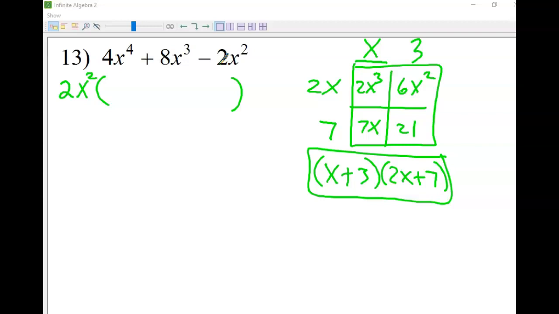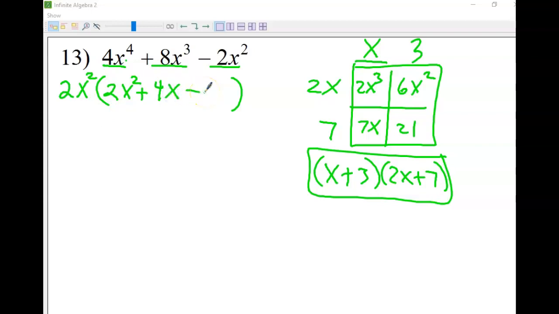You want to take out the most you can. So if I divide all three of these by 2x squared, let's see what we have left. 4 divided by 2 is 2, and x to the fourth divided by x squared would be x squared. 8 divided by 2 is 4. x cubed divided by x squared is x. This is interesting.